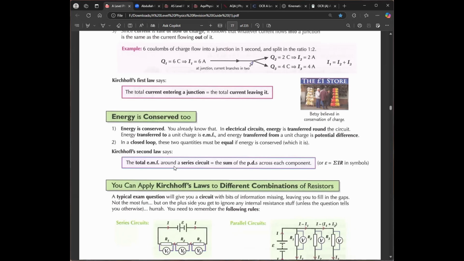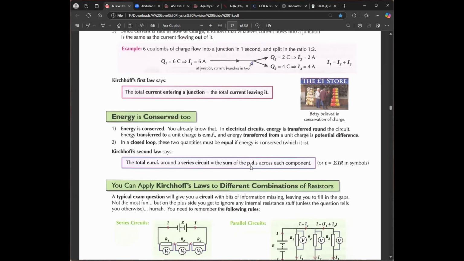The total EMF around a series circuit is equal to the sum of potential difference across each component. So basically, it says whatever EMF is provided by the battery doesn't get lost anywhere. All the loads are taking it.